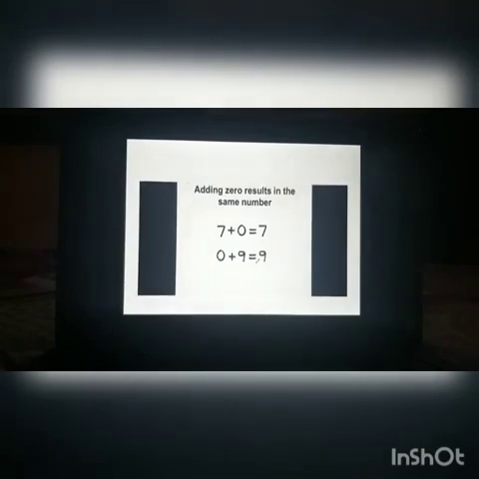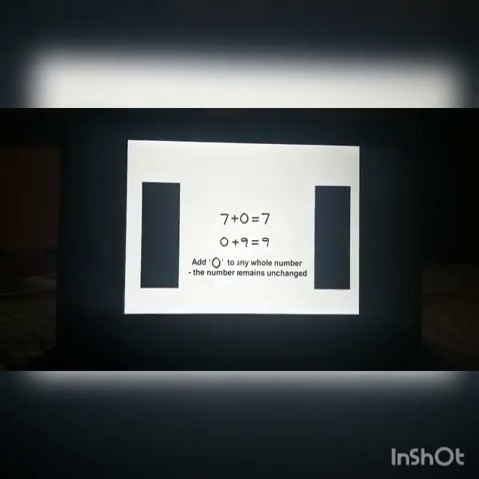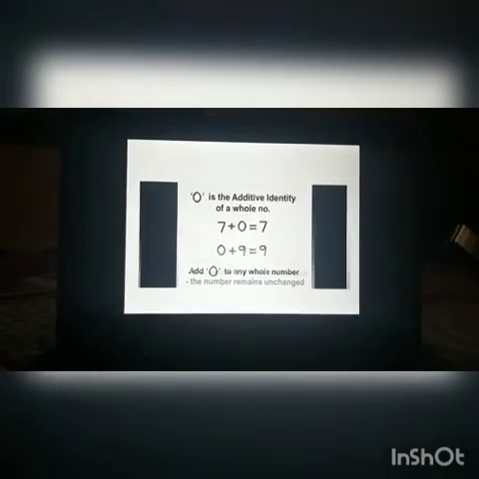When you add 0 to any whole number, the answer is the same number. So add 0 to any whole number, the number remains unchanged. And this 0 is known as additive identity of whole number.